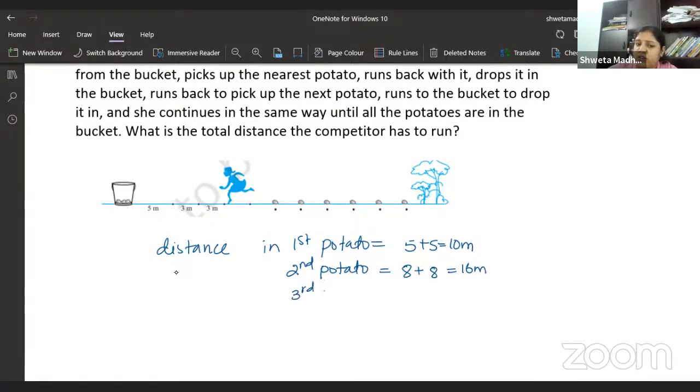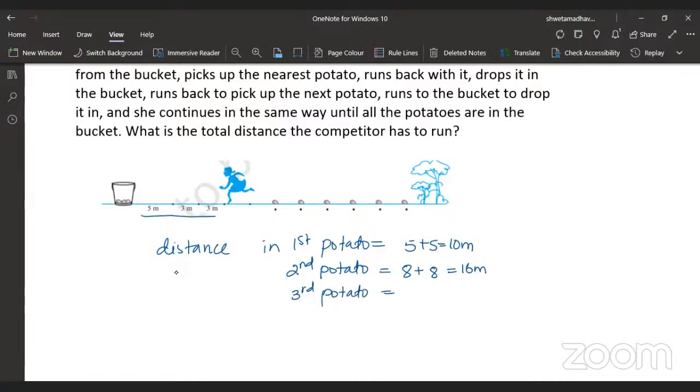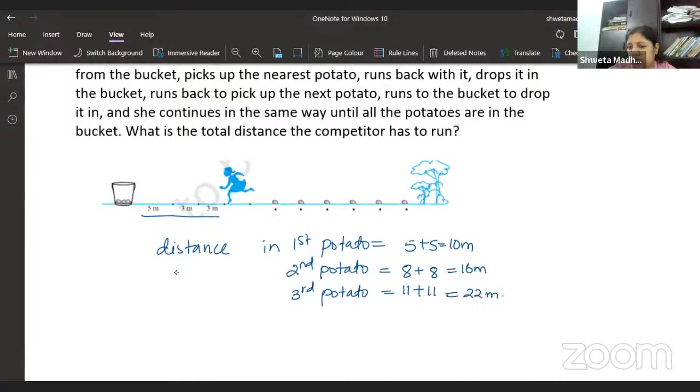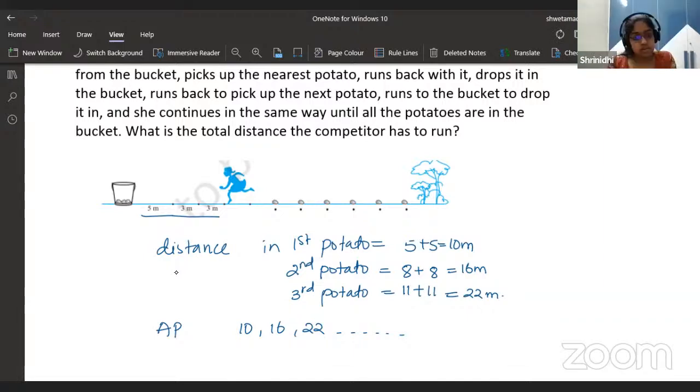For the third potato, 5 plus 3 plus 3, 11 plus 11, that is 22 meters, right? So the total distances covered form an AP: 10, 16, 22, and so on. How many potatoes are there? 10 potatoes. So what is the distance covered in 10 potatoes?